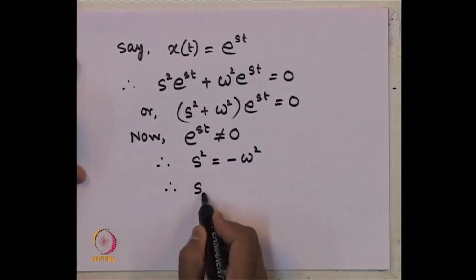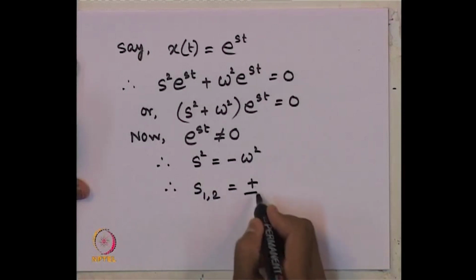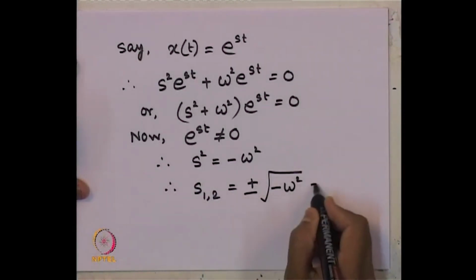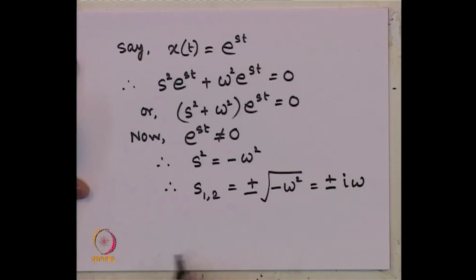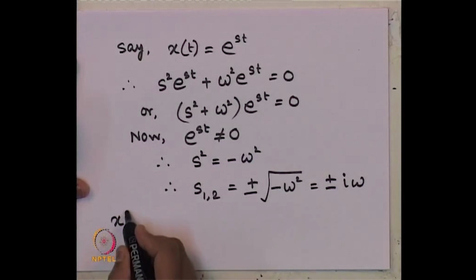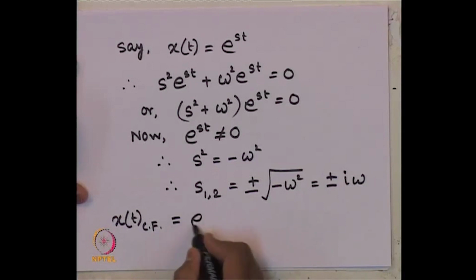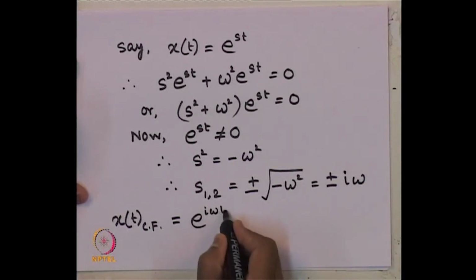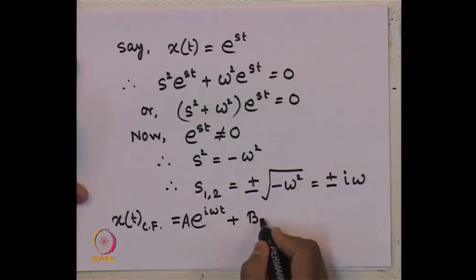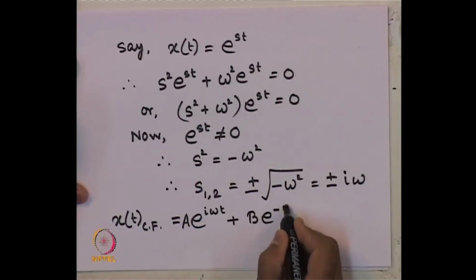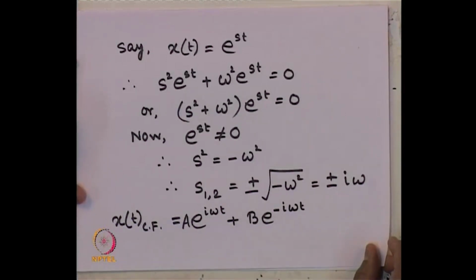Therefore, two roots of the equation we will get, s 1 and s 2, as plus minus root over minus omega square, which is nothing but plus minus imaginary number i omega. Therefore, the complete solution, not complete solution, the complementary function can be expressed as a constant times e to the power i omega t plus another constant times e to the power minus i omega t, because plus i omega and minus i omega are the two roots.